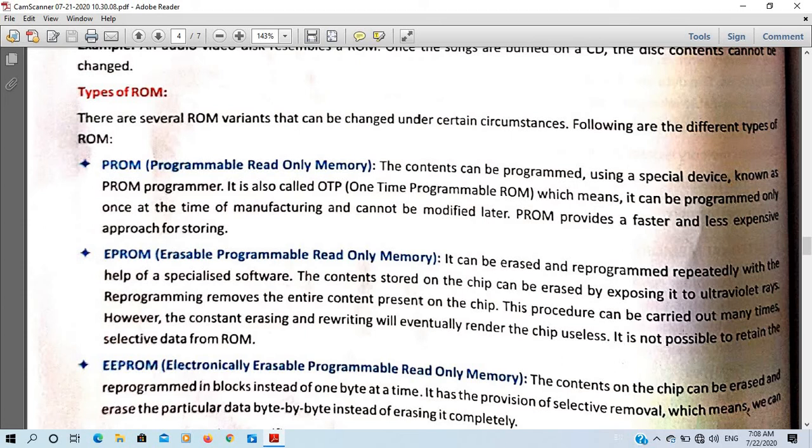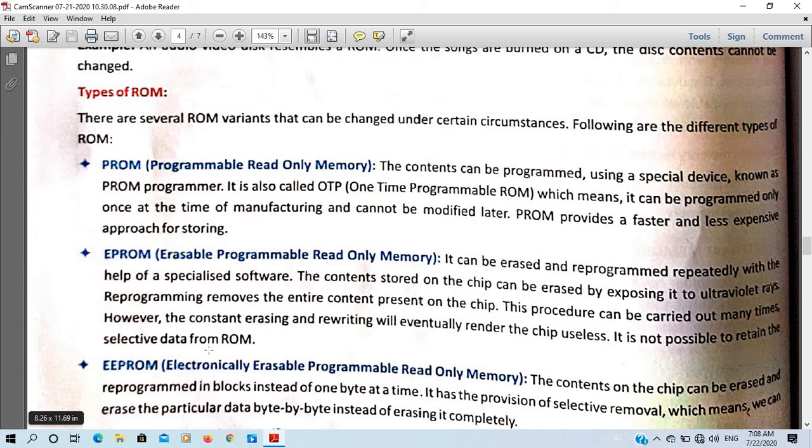Okay, it is not possible to retain the selective data from ROM. So when we are erasing, we are unable to keep a few of the data of the ROM that was previously programmed, and change half or a few parts of the program.